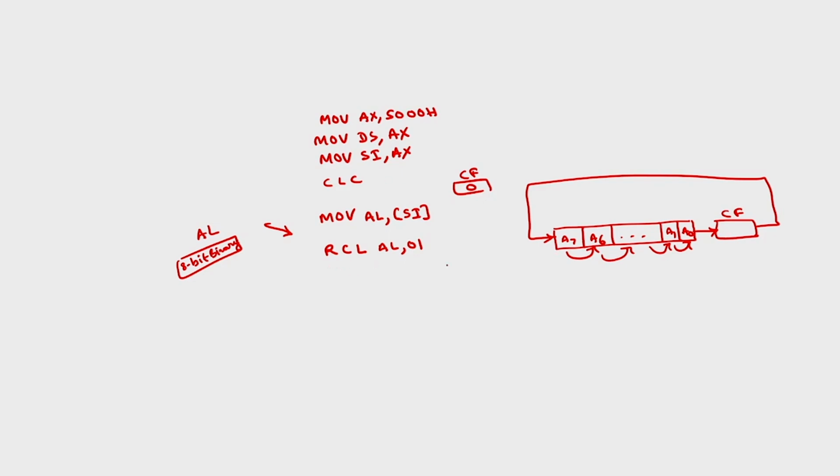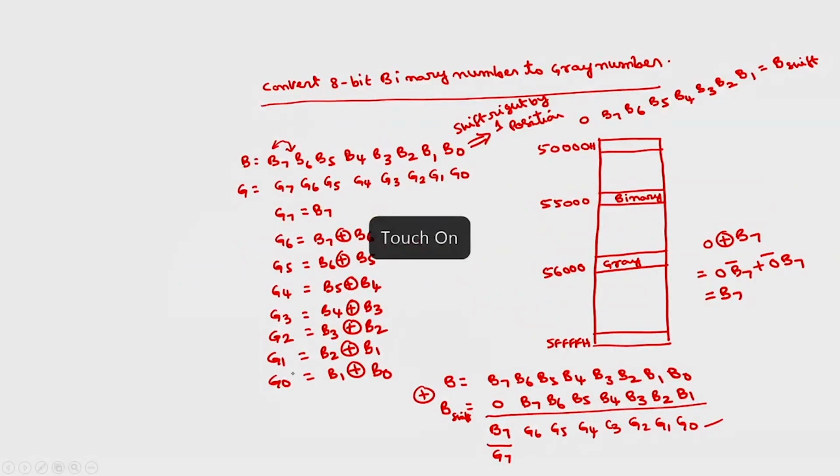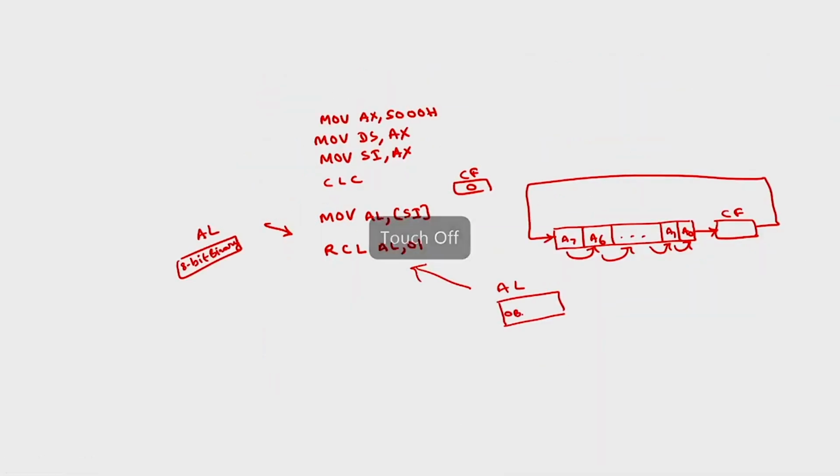So after this RCL operation, before this AL contains the 8-bit number, after this AL contains zero, B7, B6, and so on up to B1. This is the shifted version. Then you have to just do the exclusive OR operation between these two.